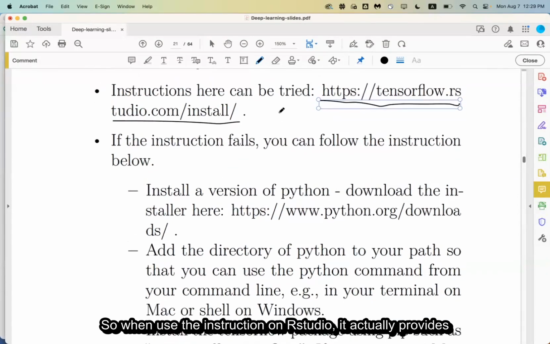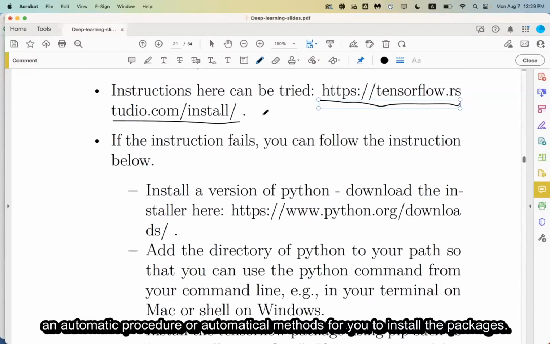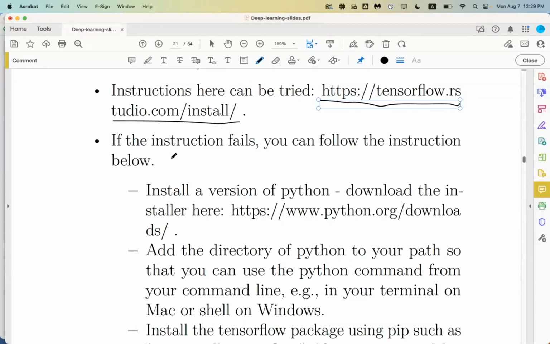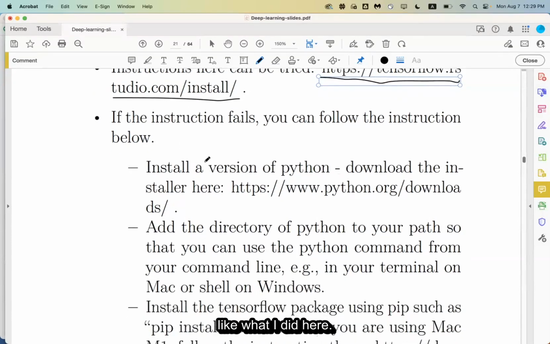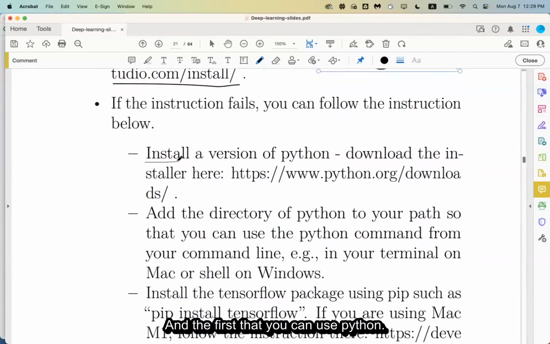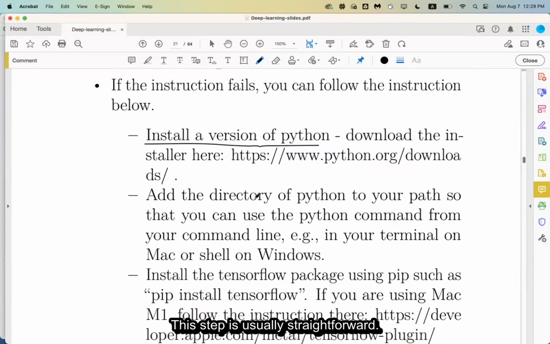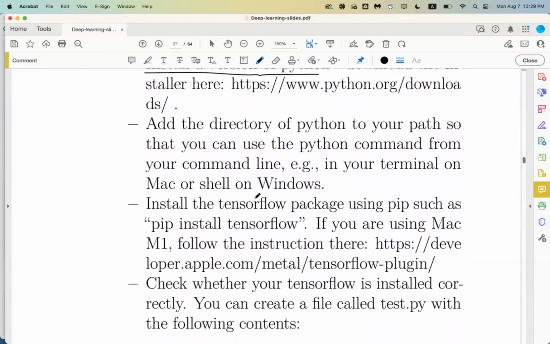When you use the instruction in RStudio, it provides an automatic procedure for you to install the packages. But if it didn't work out, you can install it step by step, like what I did here. First, you can install Python. This step usually is straightforward.